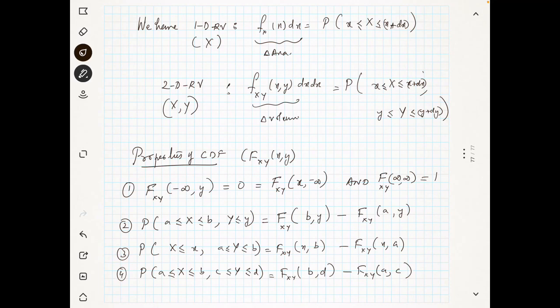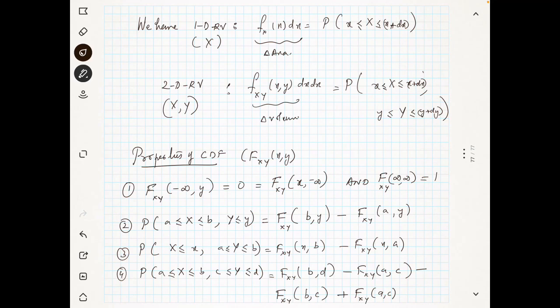But that is not enough, you have to take the other combination also: minus F_XY of b, c plus F_XY of a, c. So this is the formula. It is slightly different, but it can be proved.